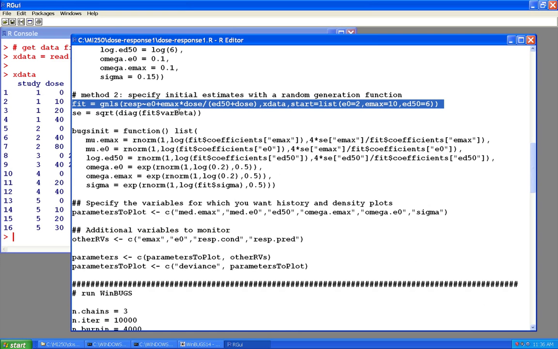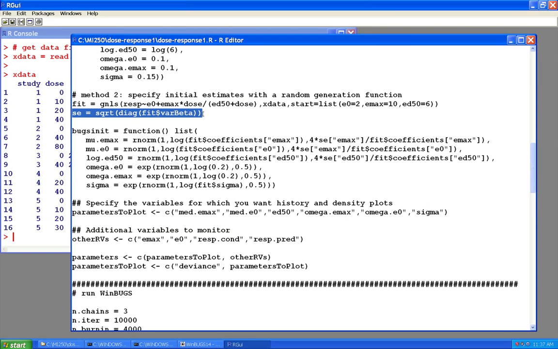It's just a least squares regression, so it's crude. It doesn't appropriately take into account the fact that we've got different sample sizes or anything. It's a very crude fit. And then I pull out the standard errors that correspond to the various parameter estimates in here.